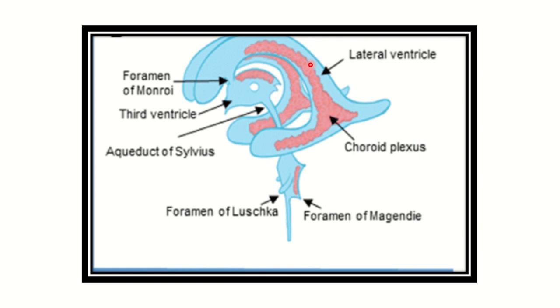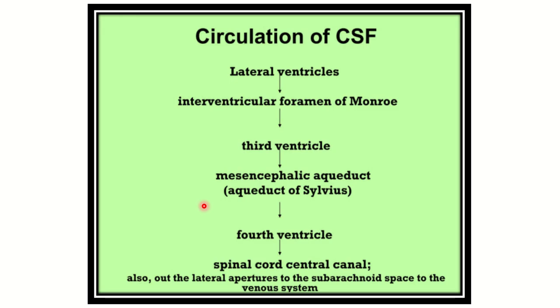From the choroid plexus, CSF is produced, and this comes to the third ventricle through the foramen of Monro, and from the third ventricle to the fourth ventricle through another foramen, the aqueduct of Sylvius or cerebral aqueduct. From the fourth ventricle, through the foramen of Magendie and foramen of Lusca, it enters into the spinal canal and also the subarachnoid space.